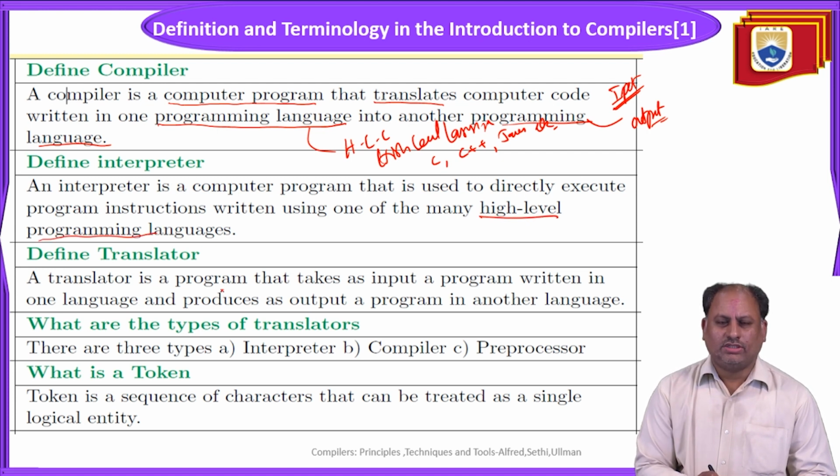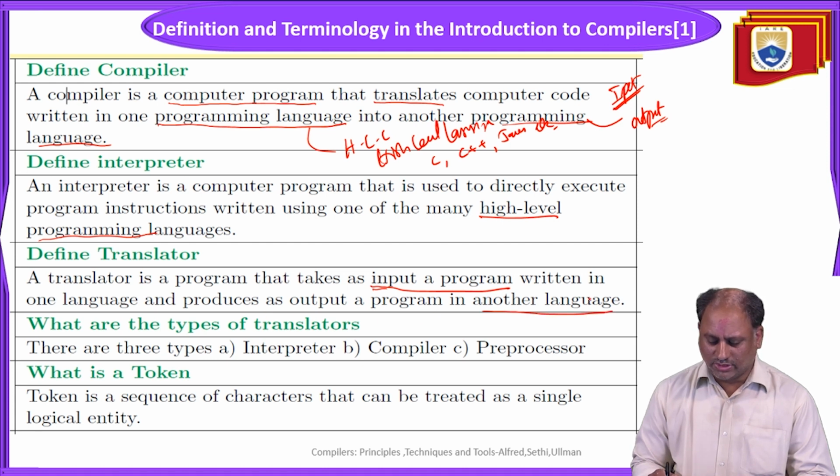Translator is also a program accepting the source program written in one programming language and producing output in another programming language. That means with the help of several high level languages, we use translators to produce the program in another language.